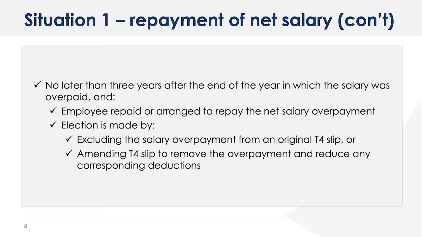The election is made according to the following established procedure by excluding the salary overpayment from an original T4 slip or amending the T4 slip to remove the overpayment and reducing any corresponding deductions that were withheld and remitted. In this situation, no form is required to make the election to choose this route of correcting this type of salary overpayment.